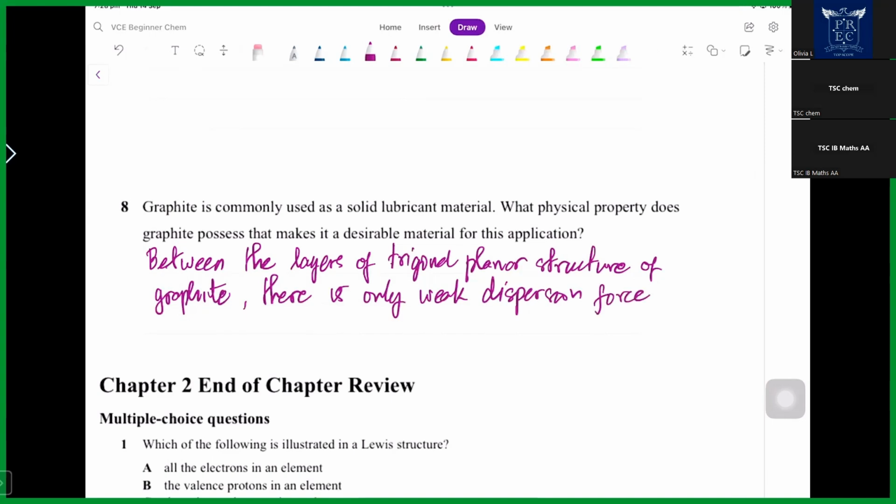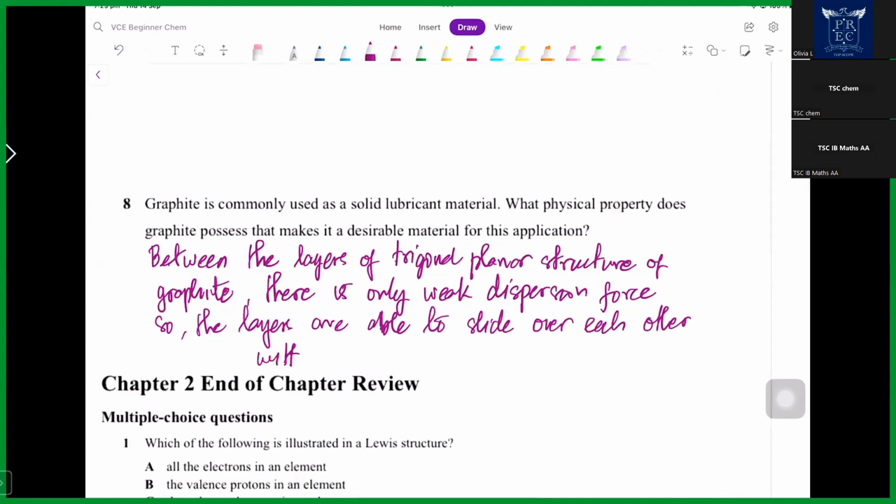So the layers are easily able to slide over each other with small shear force.